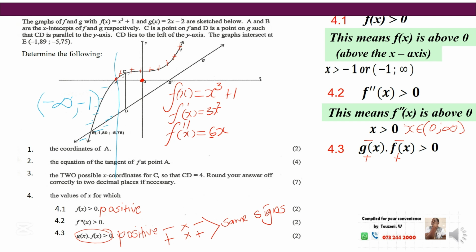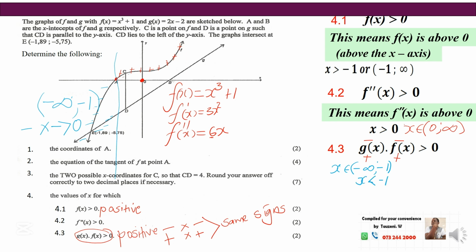If we multiply a negative times another negative, the answer is going to be bigger than 0. So that is one of the answers I need for this question. So I can say x is an element of negative infinity up to negative 1. From negative infinity to negative 1, both graphs are negative. Or I can say x is less than negative 1.